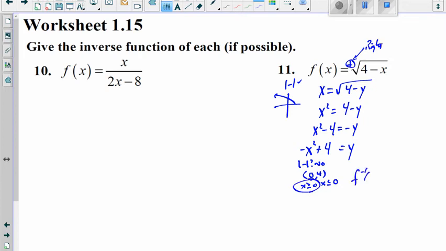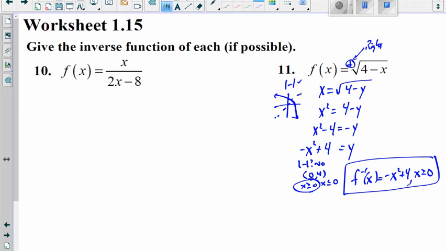So f inverse is negative x squared plus 4 with the restriction that x is greater than or equal to 0. Right side goes with the top, top goes with the right side. So this would be the graph of that, if we want to check there. Check domain and range. The range of our original is greater than 0, so this domain has to be greater than 0.